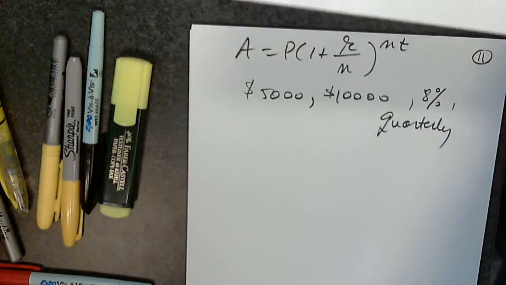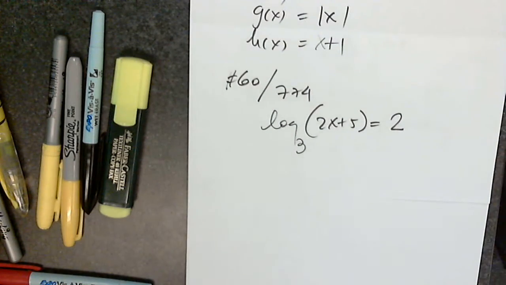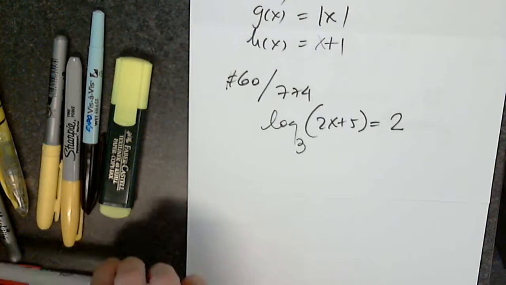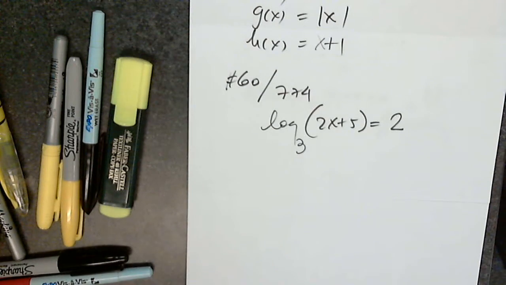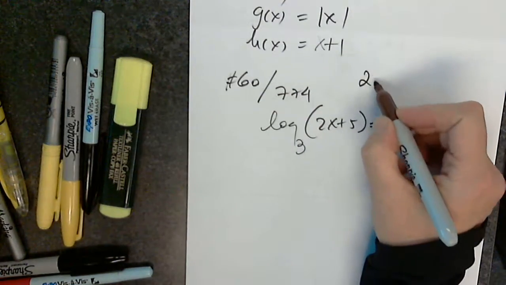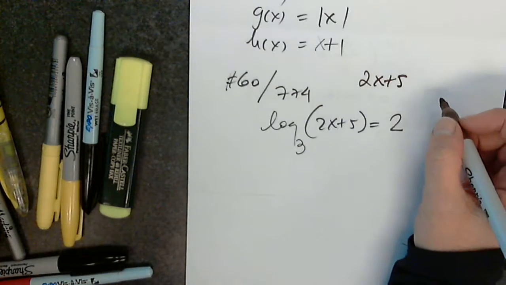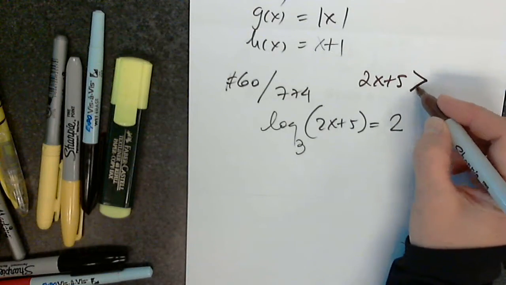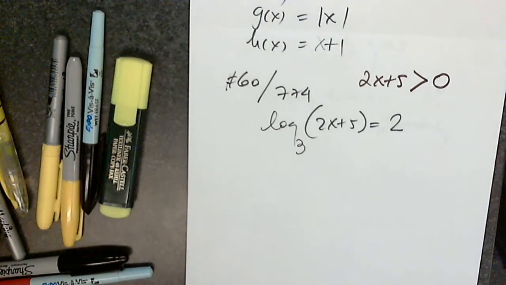Okay, so this is definitely a logarithmic equation. Would you agree? Yes. I have to state a restriction. Log is not a friendly function. What is the restriction that I have to write? 2x plus 5. This is log applied to 2x plus 5. 2x plus 5 must be greater than 0.